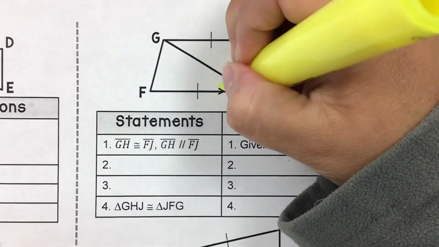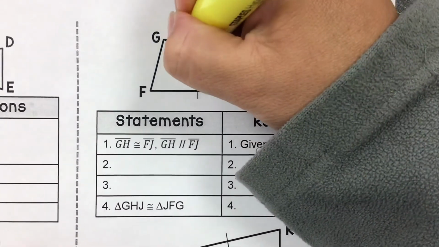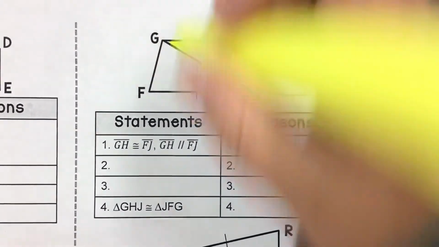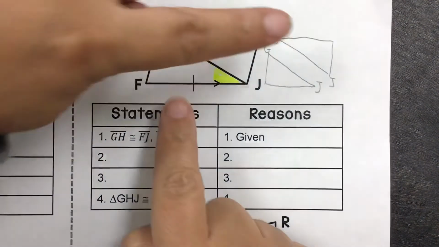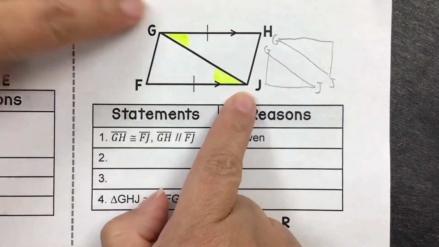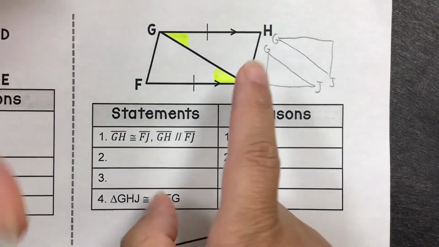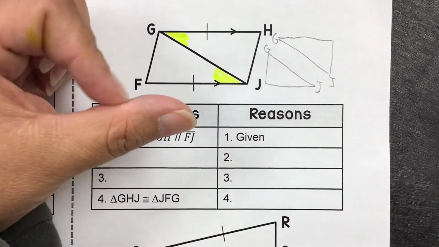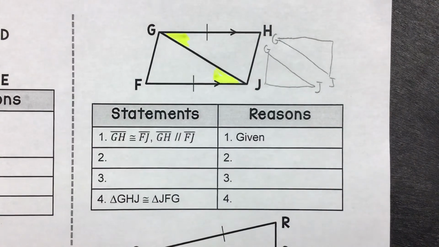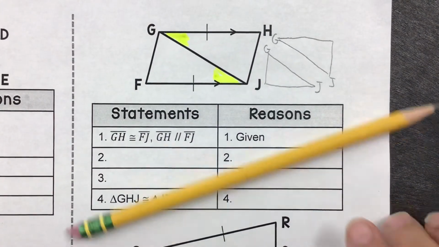The other thing I want you to remember is that these two angles are called consecutive interior. How do I know? Here are parallel lines cut by that transversal. They're inside, and one's on the top and one's on the bottom. Consecutive interior angles, and there is a theorem that says that they're also congruent.